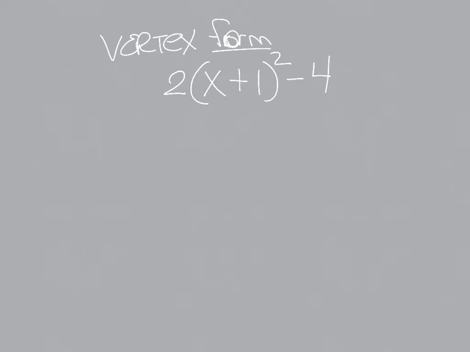All right, this number tells if it's facing up or down. So if it's positive, you're going up. If it's negative, then your graph is facing down. Okay?